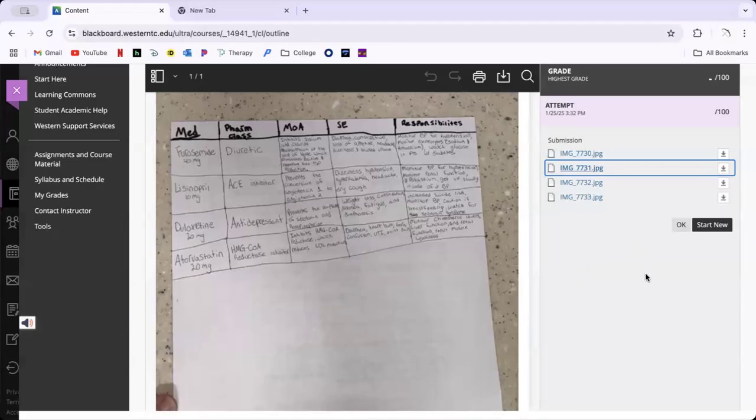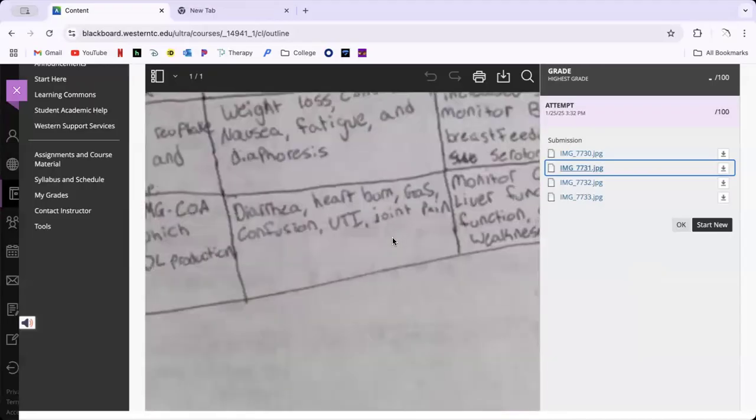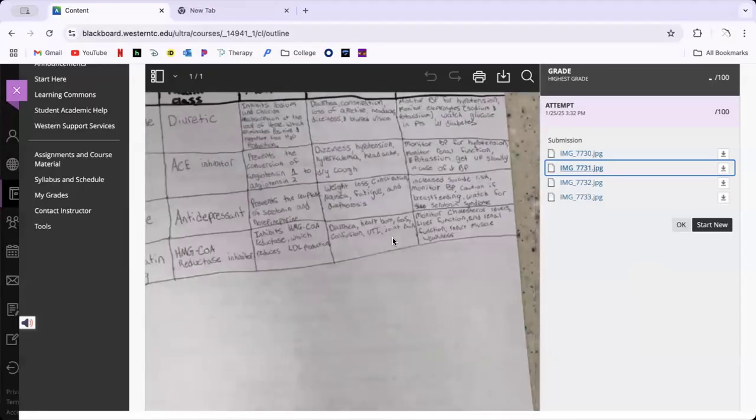It is a statin, but it is also an HMG CoA reductase inhibitor. It inhibits that, which reduces LDL production. Side effects include diarrhea, heartburn, gas, confusion, UTI.